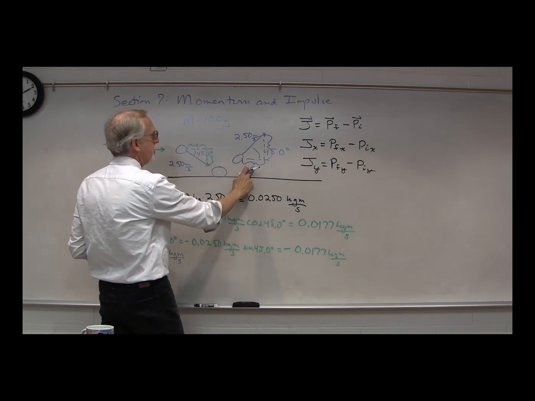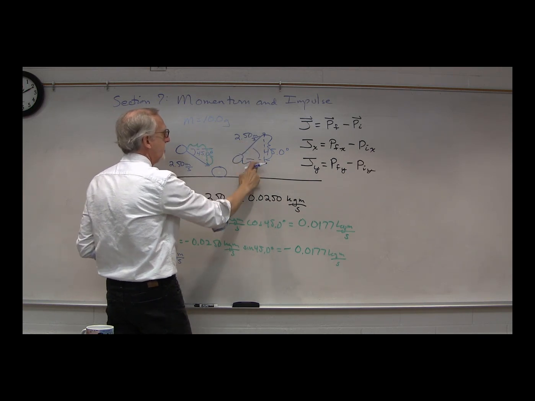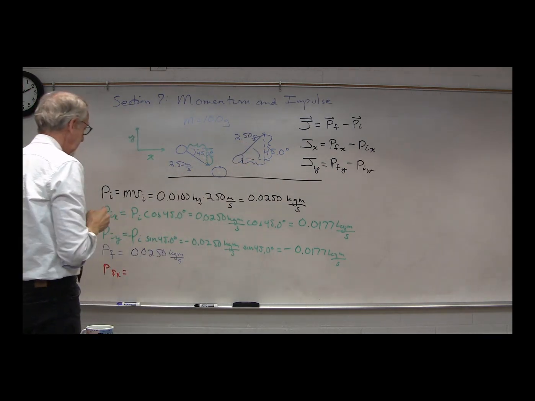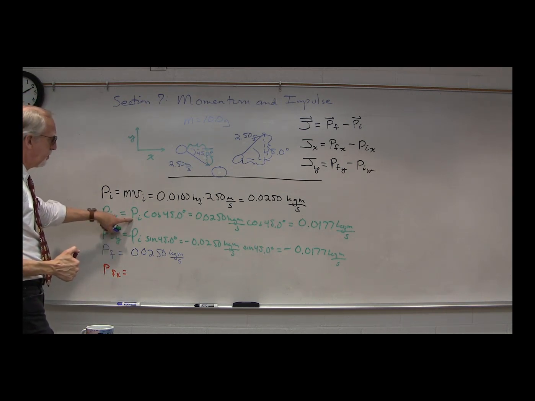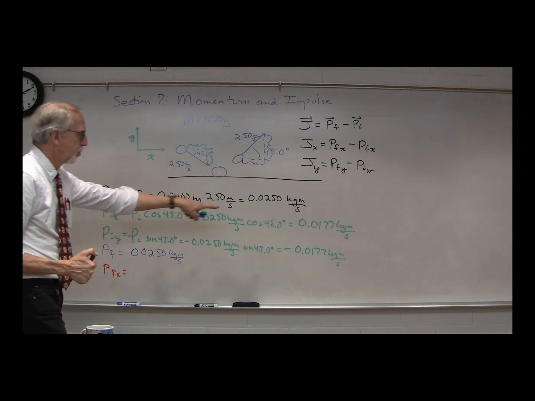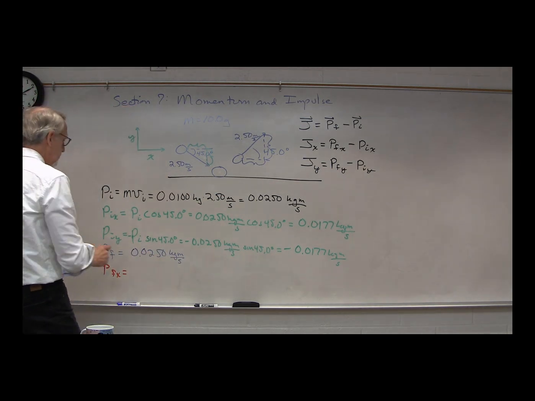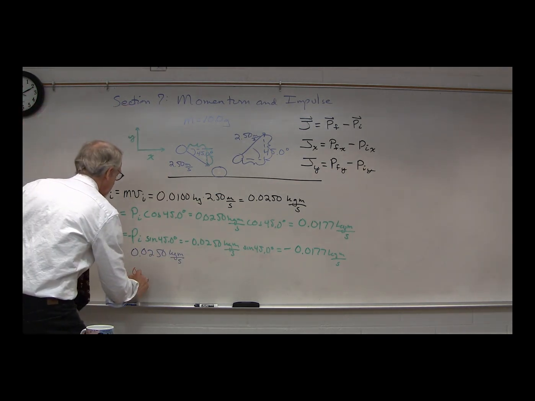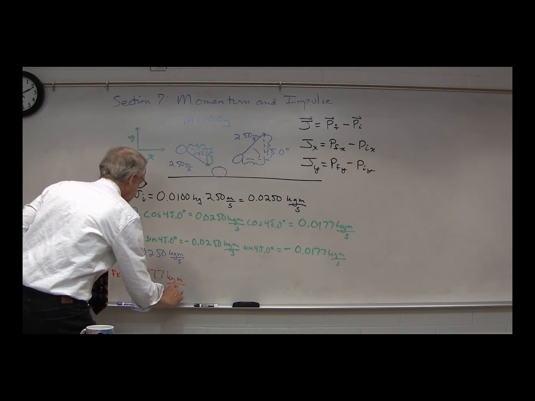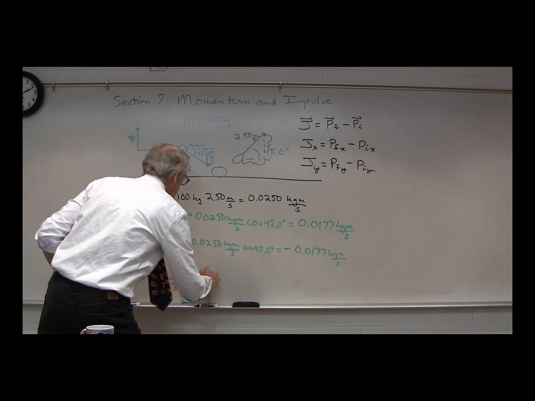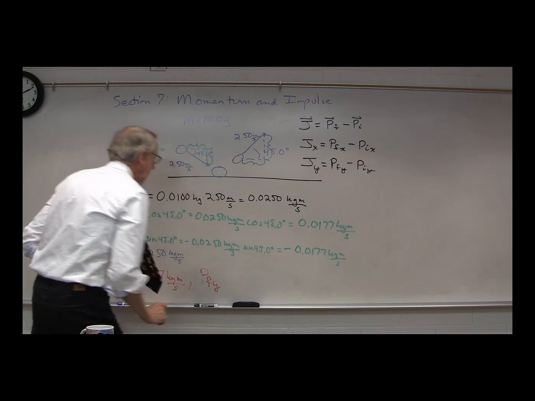So the x component will be P final cos 45. Since P final is the same as P initial, we're going to end up with that same value. So P final x will be 0.0177 kilogram meters per second. Now, what about P final y?